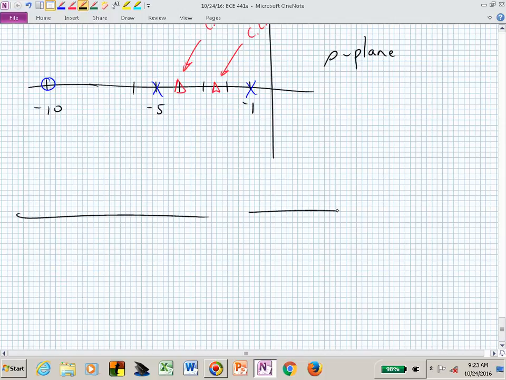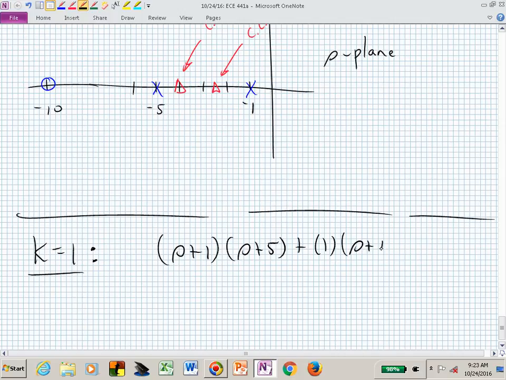Let's go up another half. Let's look at k equal to 1. Like I said, you guys look like you're in for the count, so we'll just go at increments of small doses. At k equal to 1, we have s plus 1, s plus 5, plus k times s plus 10. And we're setting that equal to 0.